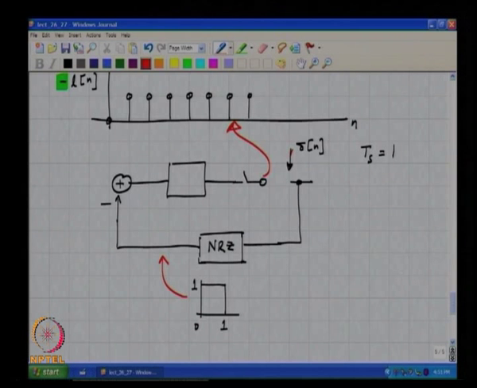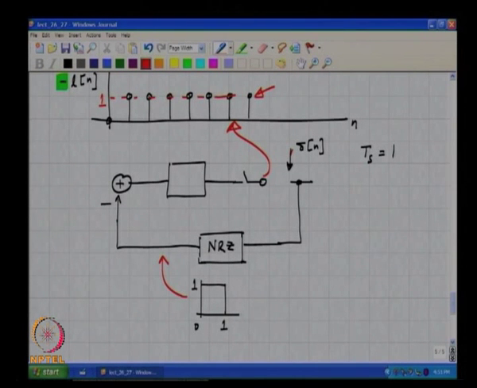And the sampled output of the loop filter must look like this. You understand? So, what do you think should be there in the box? What is this? What is that level finally? 1, okay.